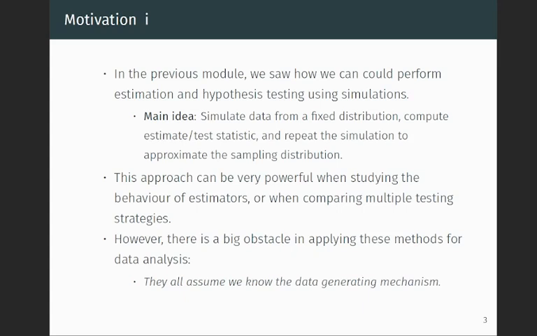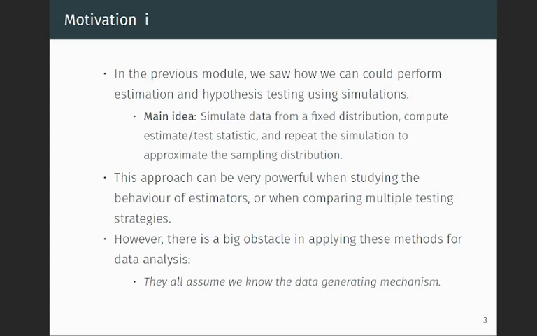So here's the motivation. In the previous module, when we talked about Monte Carlo simulations and Monte Carlo integration, we saw how we could perform estimation and hypothesis testing using simulations. The main idea was that you can simulate the data from a fixed distribution, then compute your estimate or your test statistic, and then repeat the simulation again and again to get an approximation for the sampling distribution.